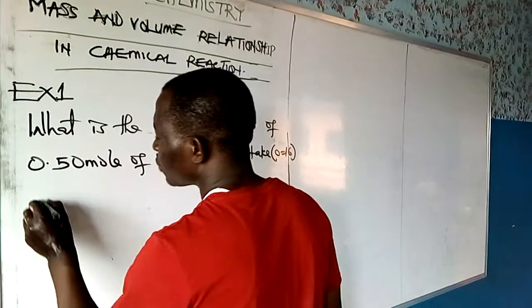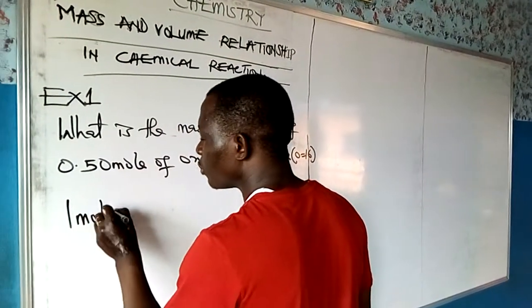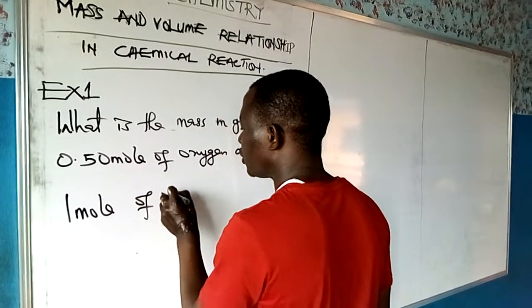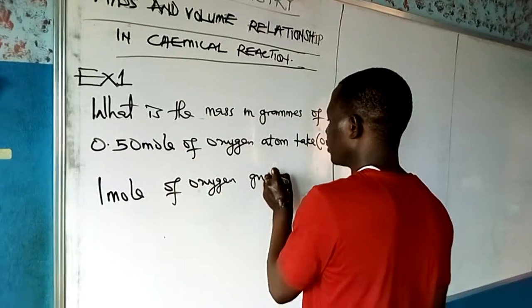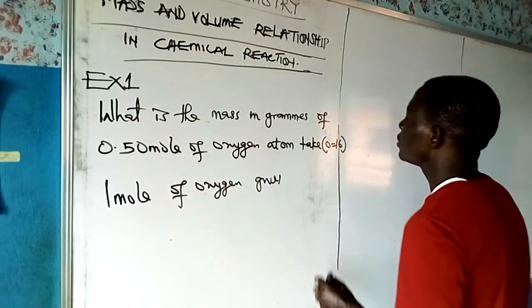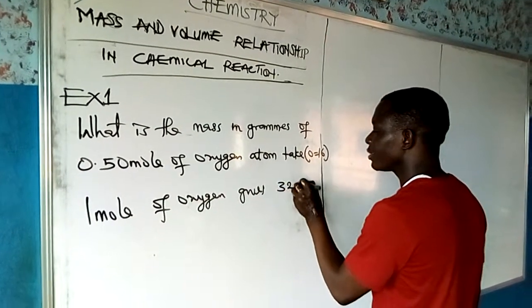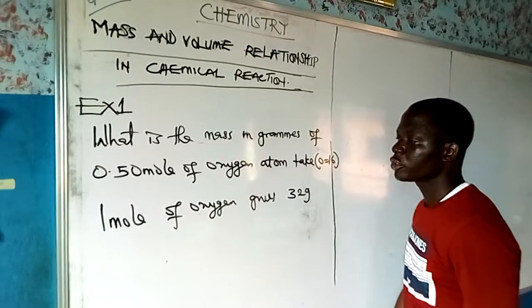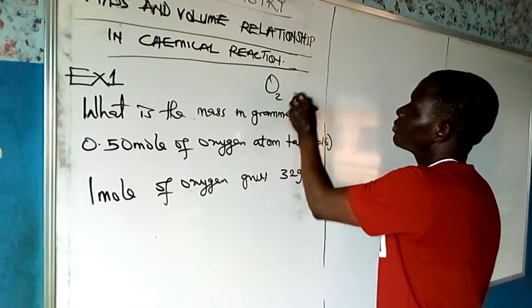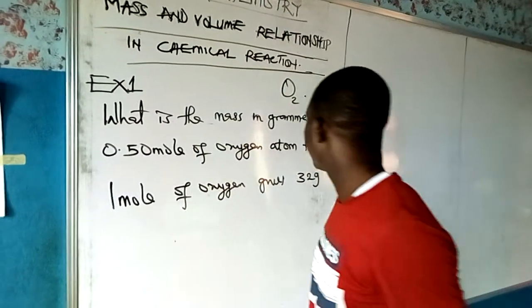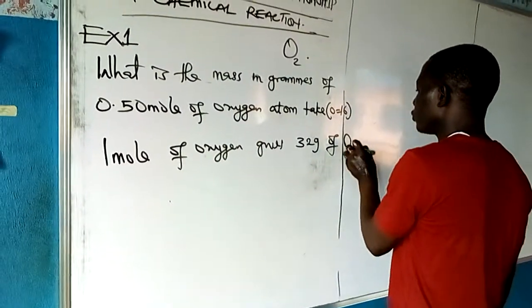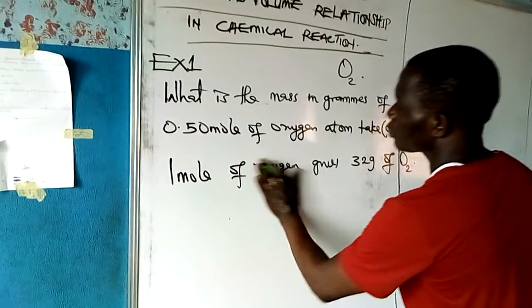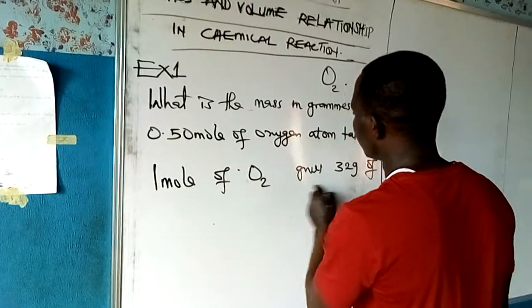You know that 1 mole of oxygen gives what? Gives 32 gram, because it's diatomic. So it will give 32 gram of O2. So 1 mole of O2 gives that.